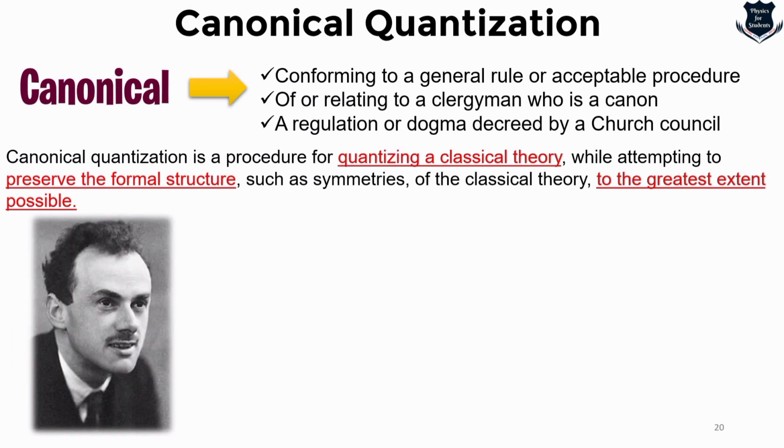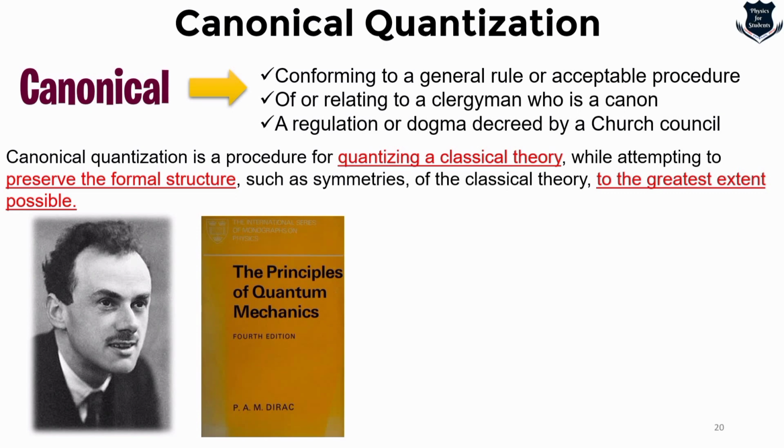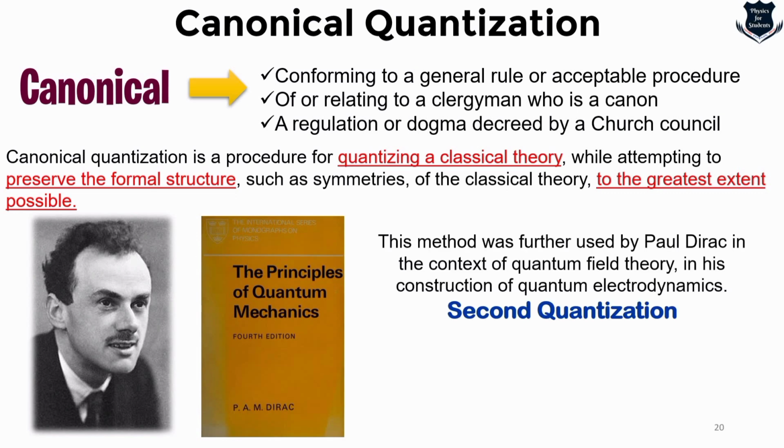Now historically, this was not quite Werner Heisenberg's route to obtaining quantum mechanics. It is actually from this handsome gentleman: in 1926, Paul Dirac formulated this in his principles of quantum mechanics. This method was further used by Paul Dirac in the context of quantum field theory in his construction of what is called quantum electrodynamics. This is known as the second quantization in field theory.